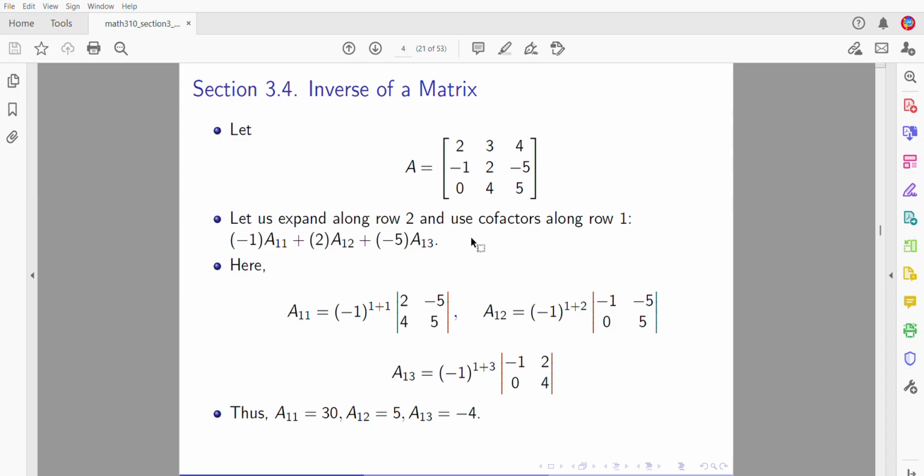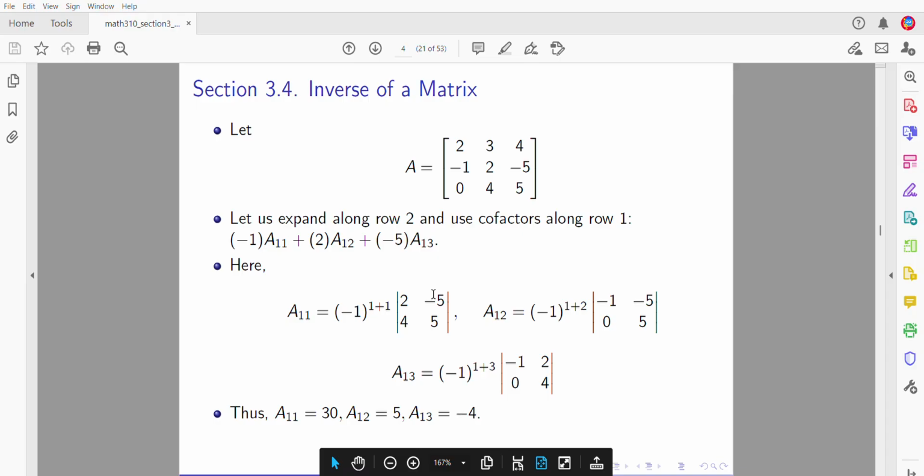Calculate, assume my calculations are correct, check for yourself. 10 minus -20, so that's positive 30 with a positive 1. -5 minus 0, -5 times -1, that's a positive 5. -4 minus 0, -4 times positive 1 is -4.